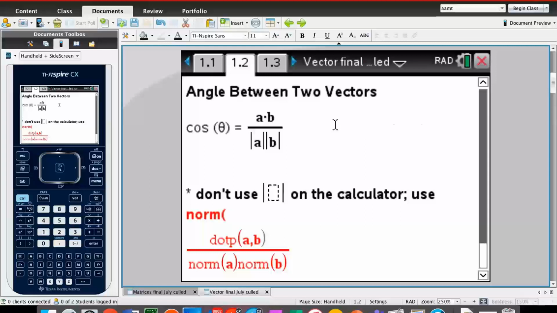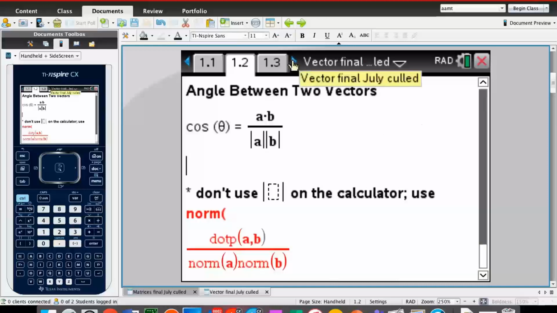You need to use the norm of A and the norm of B. And the dot product, you can find all these commands in the menu, but if you can remember them, dotP and norm A, etc. And the cross product, so is crossP open bracket. So they're handy to remember, but you can find them in the menu or in the book.